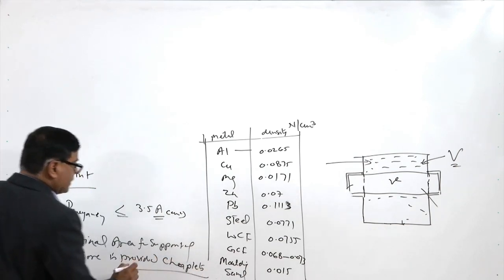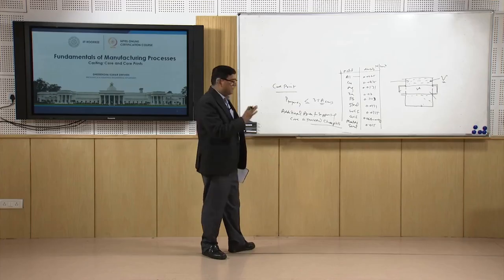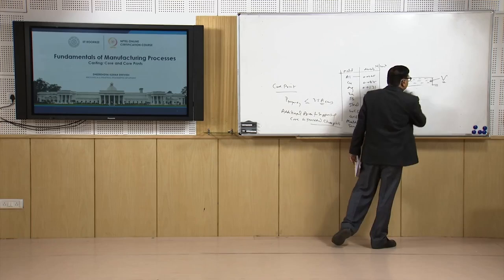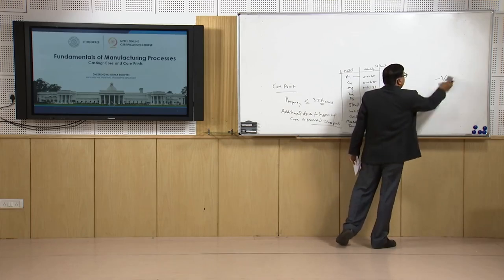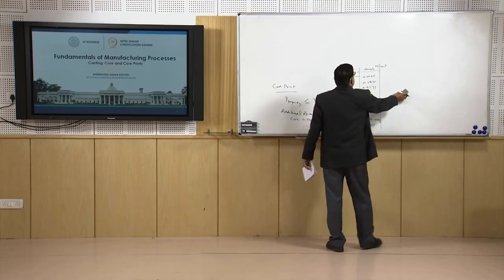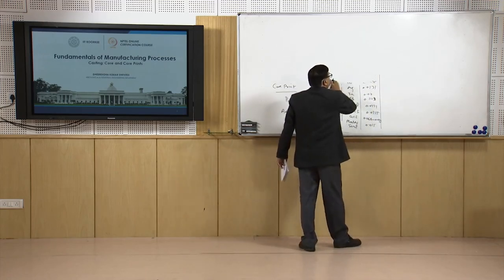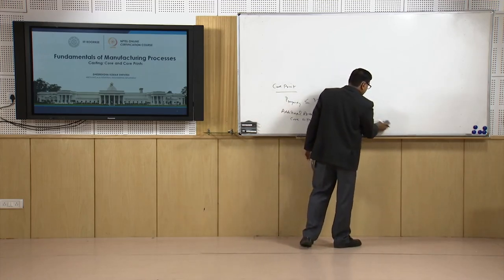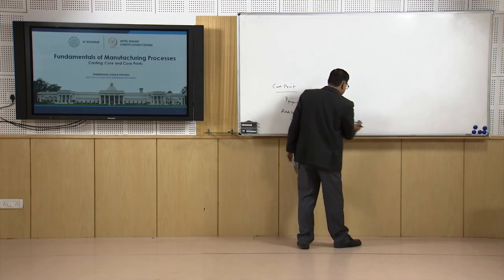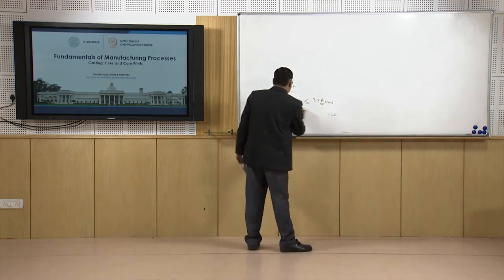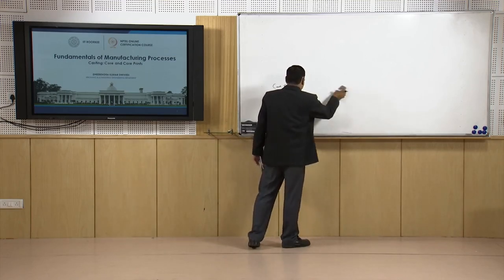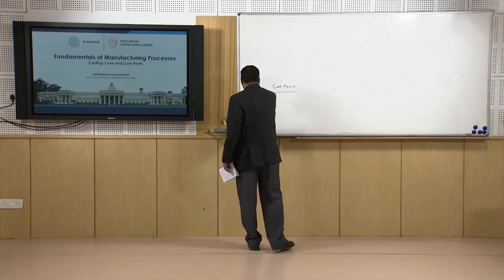Chaplets are metallic pieces provided in the casting to support the core in the mold without getting disturbed in its position. Its position is maintained and it is well supported with the help of the chaplets.